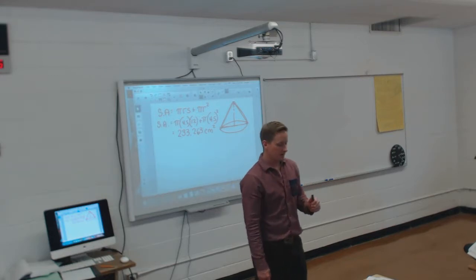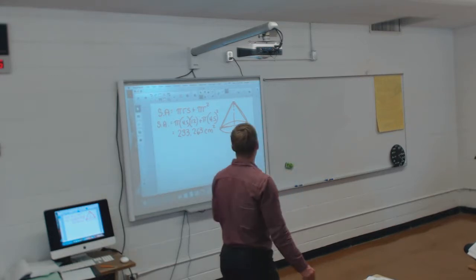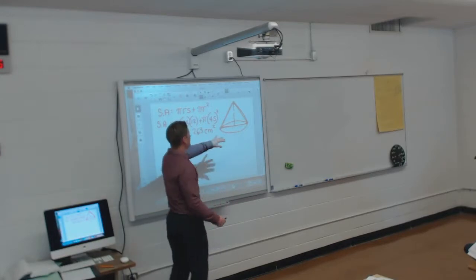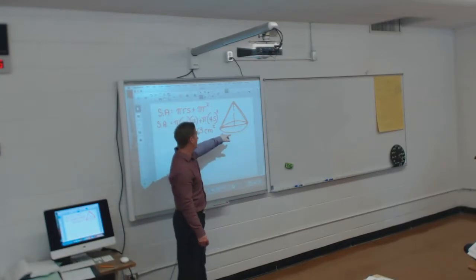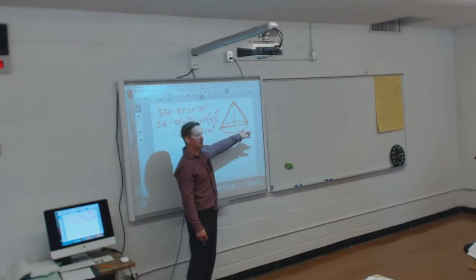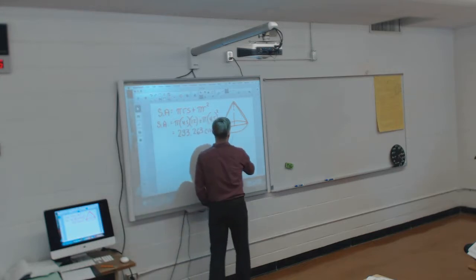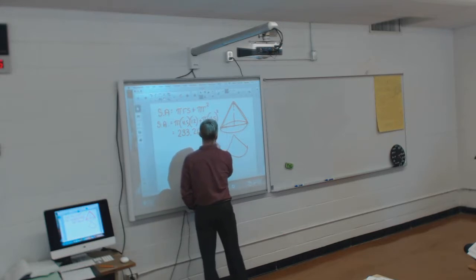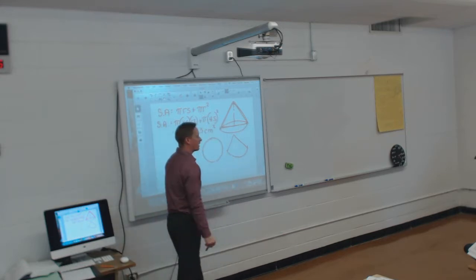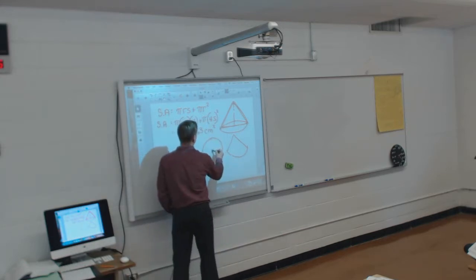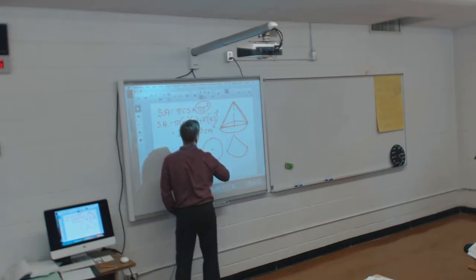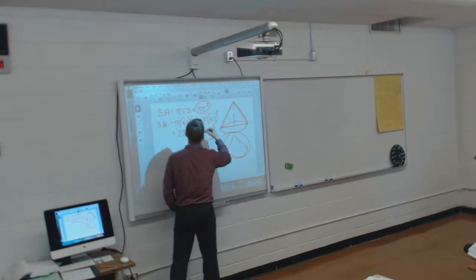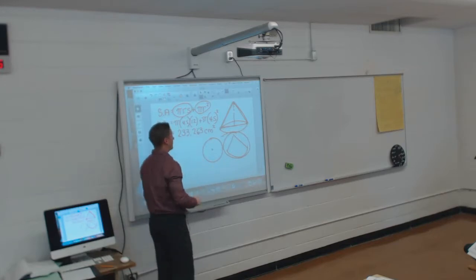The second one. Now, again, just before I move on, I broke this into two shapes. I looked at the cone part of it, right? And then I took the circle on the bottom. And the area for this guy is right here. The area for the cone part of it, the cone shape of it, was right here.